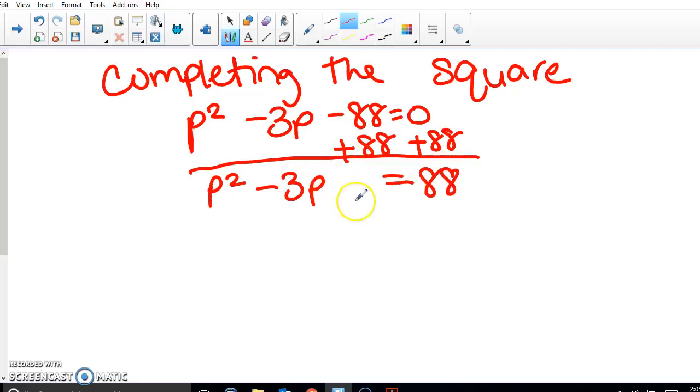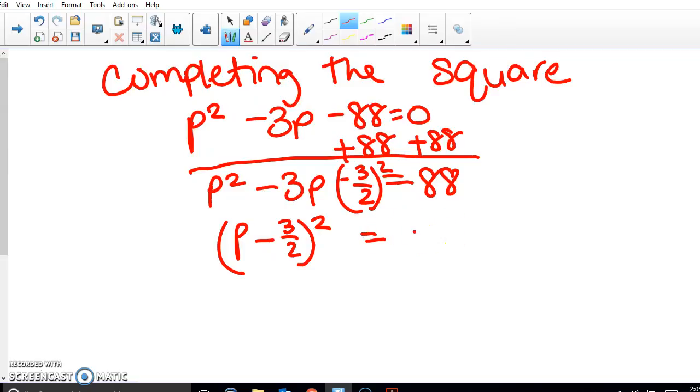So now we need to find this value here that's going to complete our square, and it's going to be b over 2, so our middle term over 2. So in that case, it is going to be -3 over 2 squared. So when we complete the square, we're going to have p minus 3 over 2 squared equals 88. Since we added this to this side, we need to do the same thing over here.